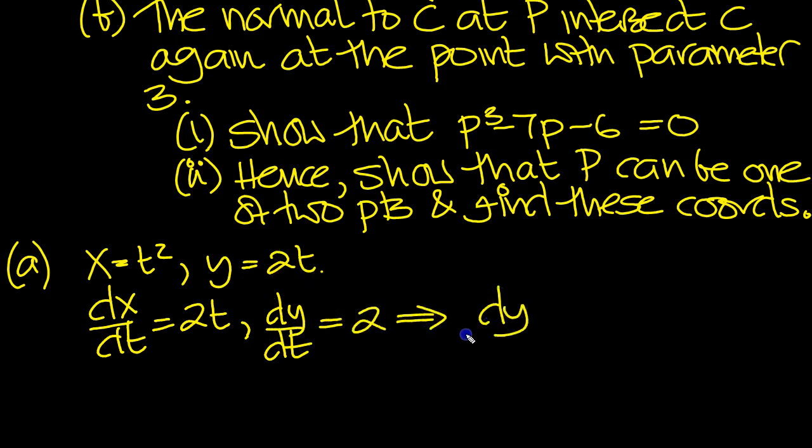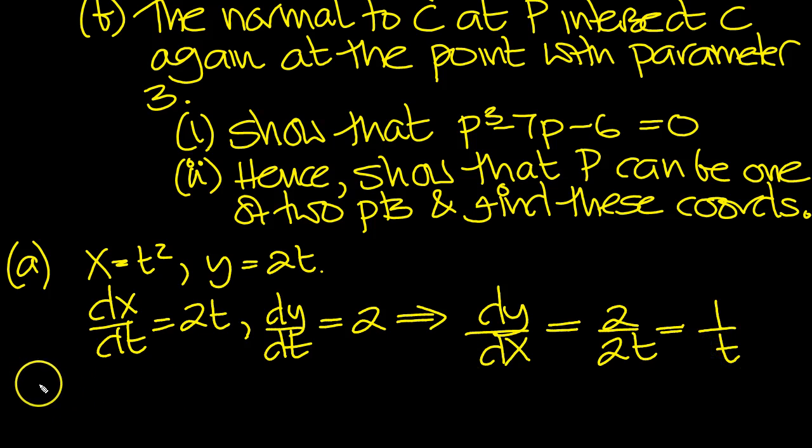So dy/dx, the gradient of the tangent, is equal to dy/dt divided by dx/dt, so it's 2 over 2t. The 2's cancel and that's just 1 over t.